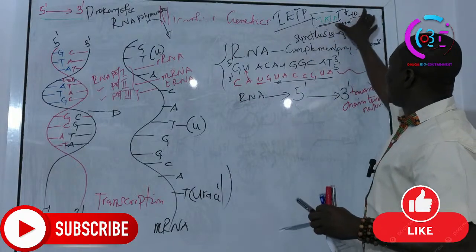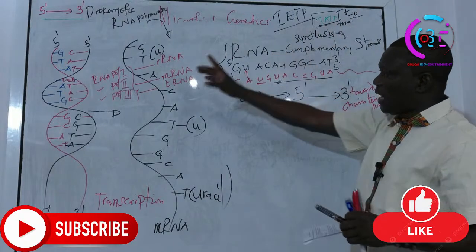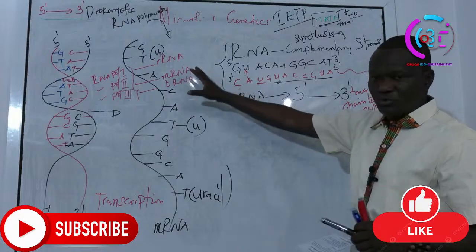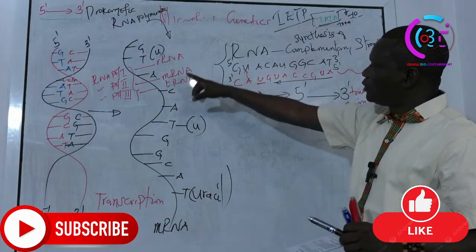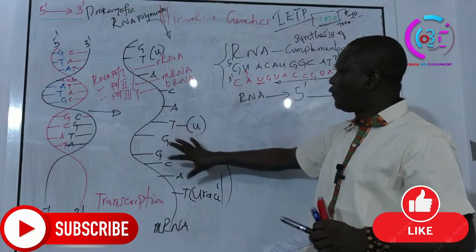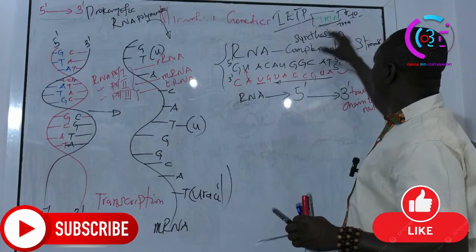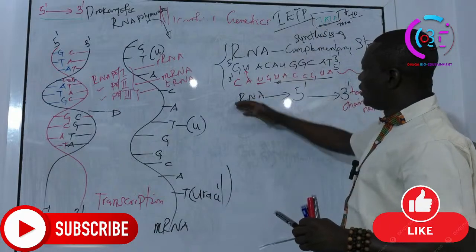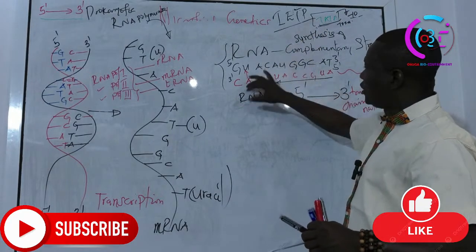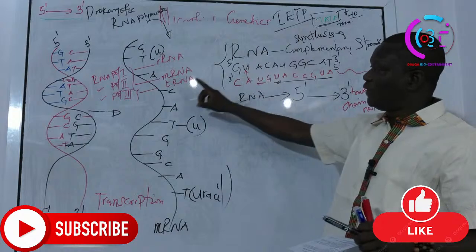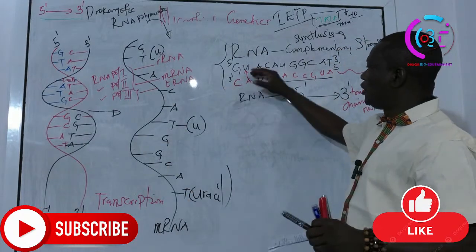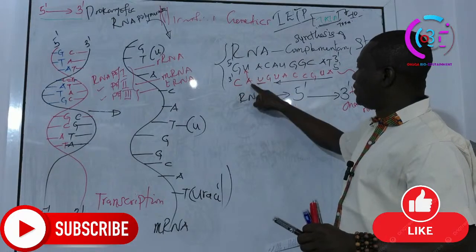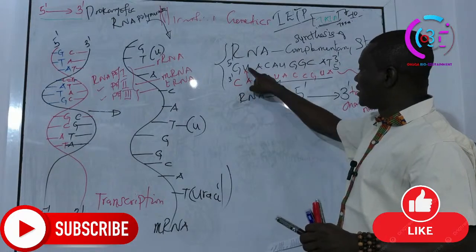The next thing after the binding is to unwind the DNA to expose the region for further binding. And the next one is the elongation stage, at which the complementary strand of this RNA will be synthesized, where T will be replaced with uracil.